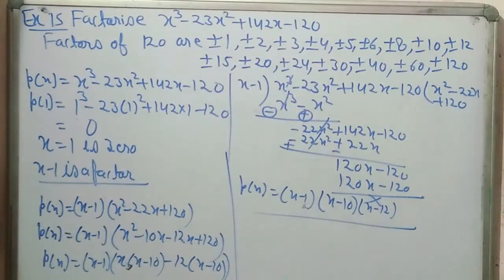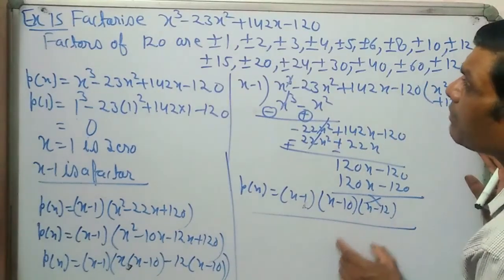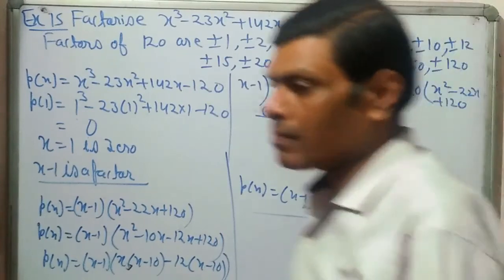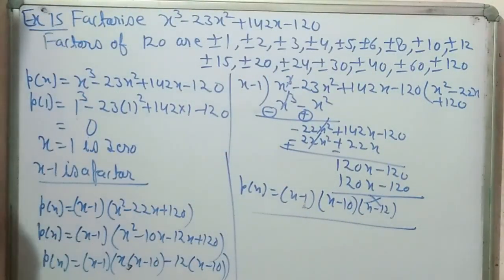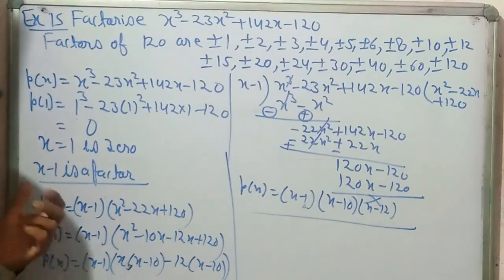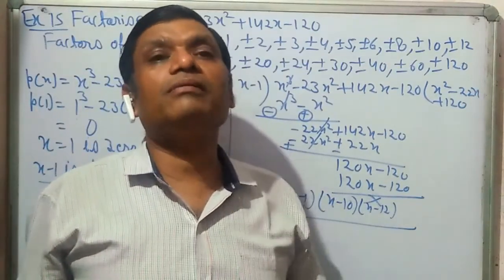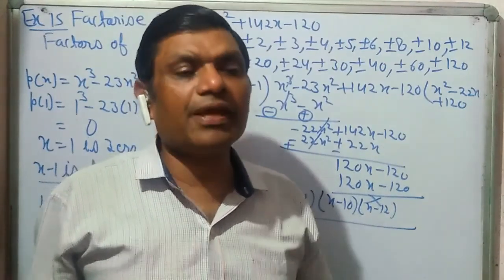If you multiply these three brackets together, you will get your question. Simple. So this way we are able to understand how to apply the factor theorem in various cases. After this, we'll be doing exercise 2.3, whatsoever.